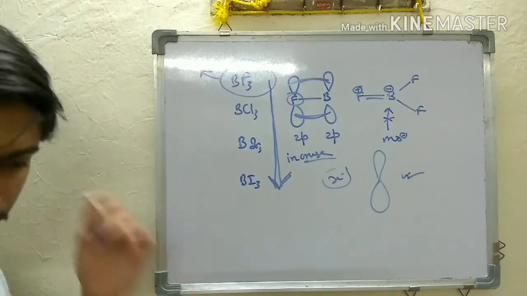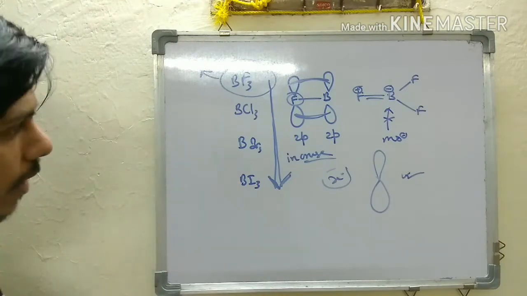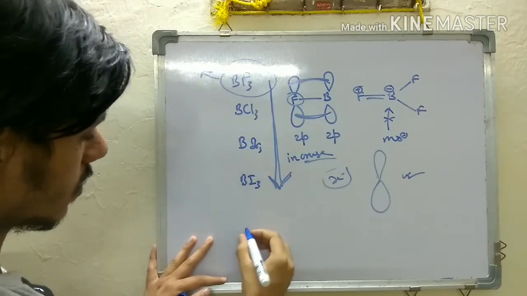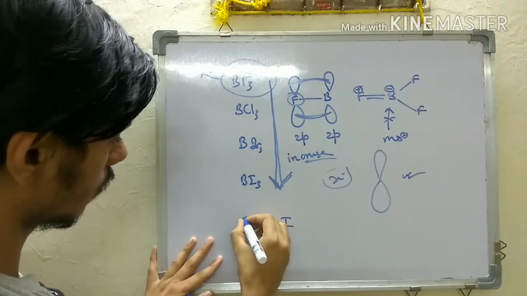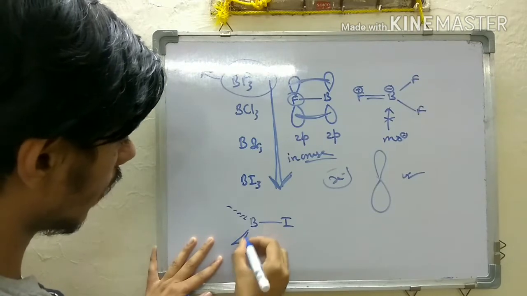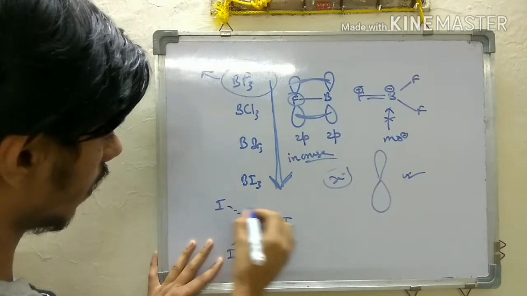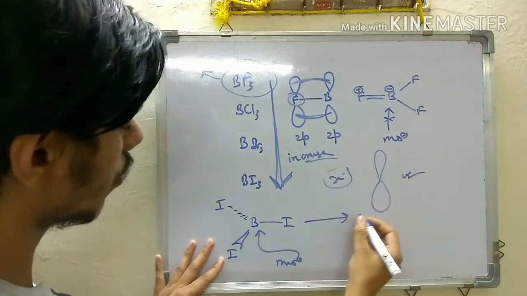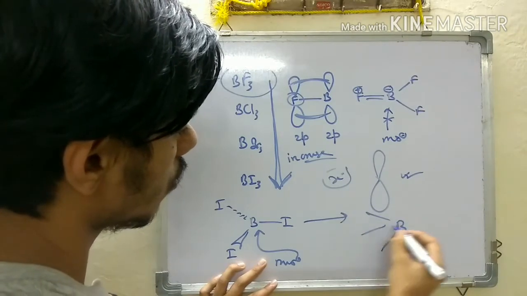Now again, if you consider the solution phase, it is not actually the true sequence, because if you increase the size, let's say if you have BI3, it is initially planar, right? Now when a base approaches, it will become tetrahedral because it is now four coordinated.